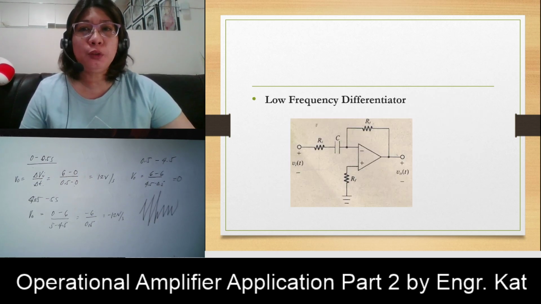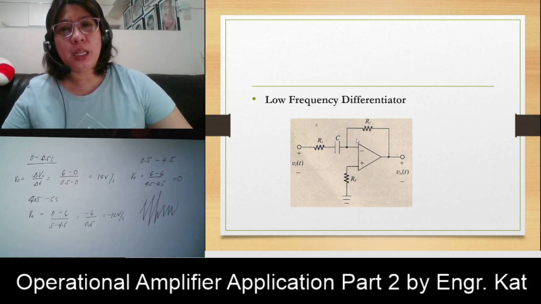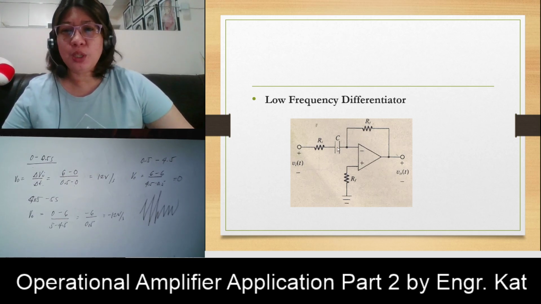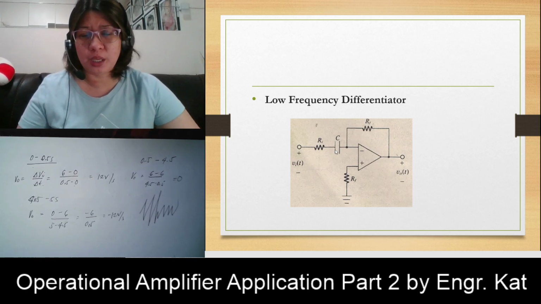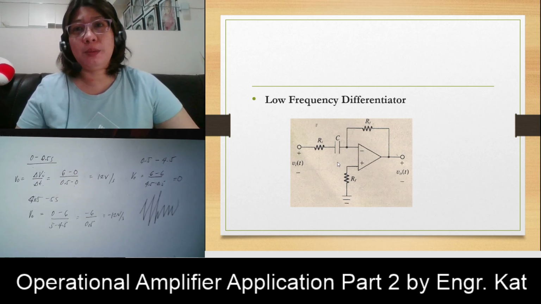We just have to add, so earlier for the integrator circuit, we added a parallel resistor here, so no use. So we just place a capacitor here. So this is our solution for a low frequency differentiator circuit, so that our noise will not be accentuated.